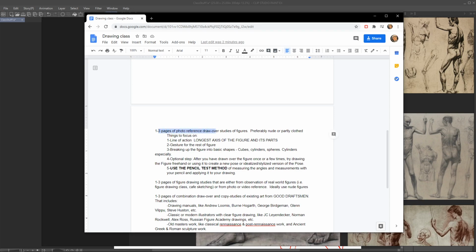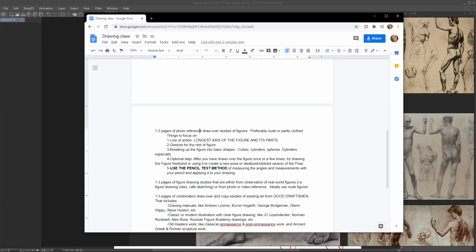1 to 3 photo reference draw overs. That means you draw on top of the figure and try to break it down. 1 to 3 pages of figure drawing studies from observation of real world figures or photos. And then 1 to 3 pages of combination draw over and copy studies of existing art of good draftsmen.